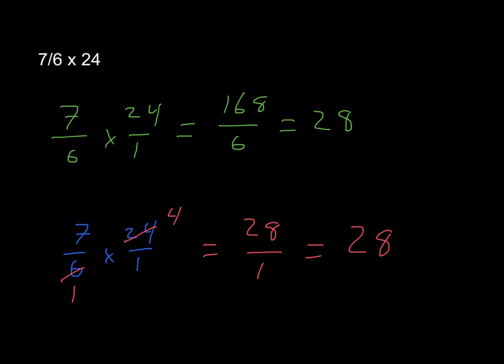If I were to solve this on my own, I'd probably do the second one. Keep in mind that for this simplifying, it only works diagonally. Okay? I do not want to do it horizontally across. It is also possible to do it vertically if you need to.